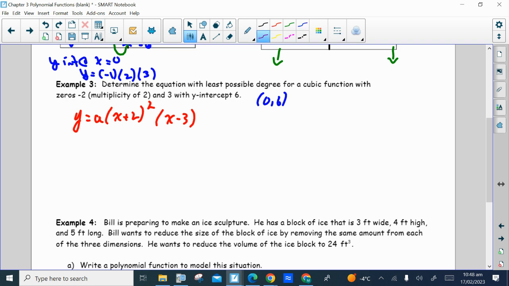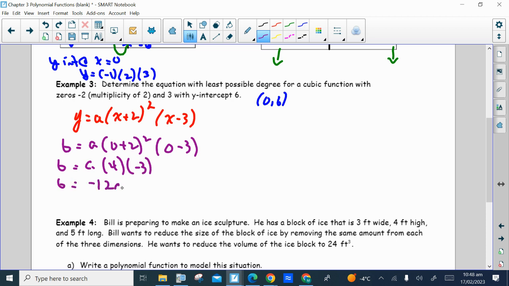This is how we figure out what the a value is. So 0 plus 2 is 2, squared is 4. 0 take away 3 is negative 3. So 6 will equal negative 12a. And when you divide both sides by negative 12, a equals negative a half.